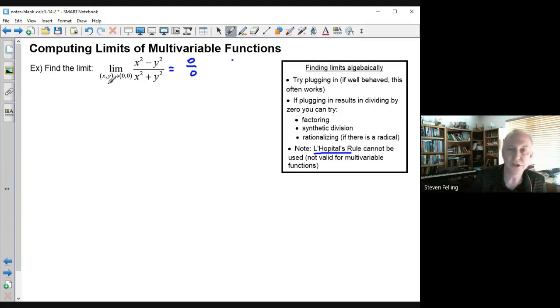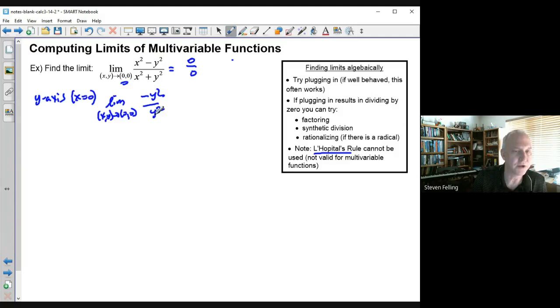And so let's just pick some paths, and I'll show you what I mean by that. So let's say that I consider approaching this point, but along the y-axis, and the y-axis is where x equals 0. Right, so all I need to do then is just go ahead and substitute 0 into this. So I'm taking the limit as (x,y) approaches (0,0) of, if x is 0, this is negative y squared over y squared, okay?